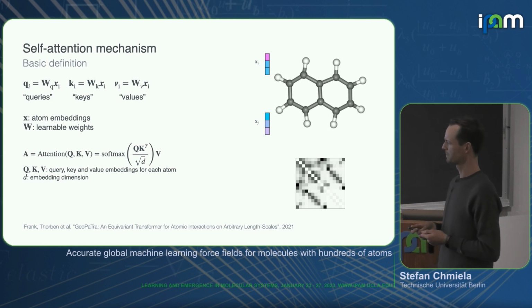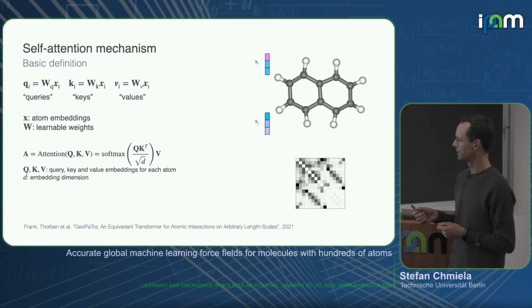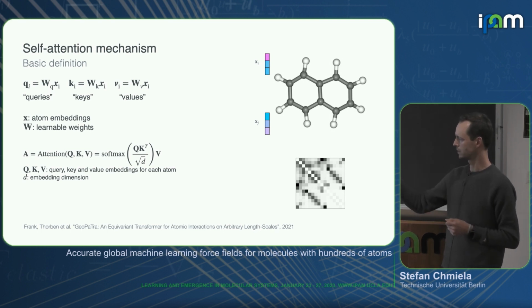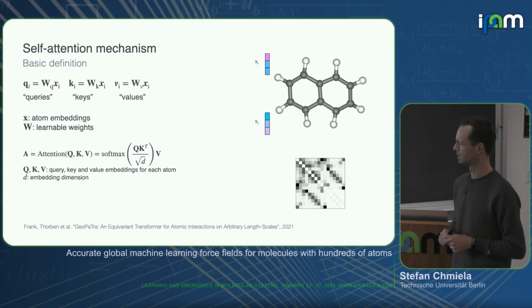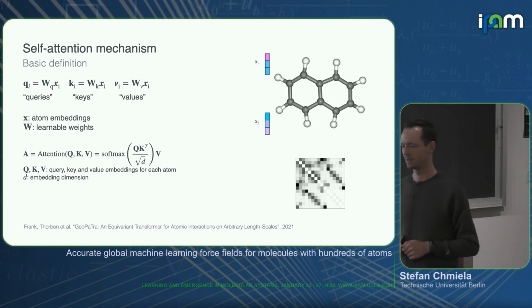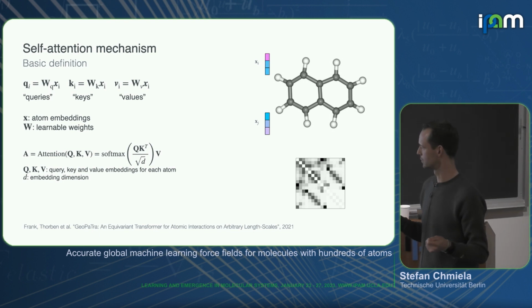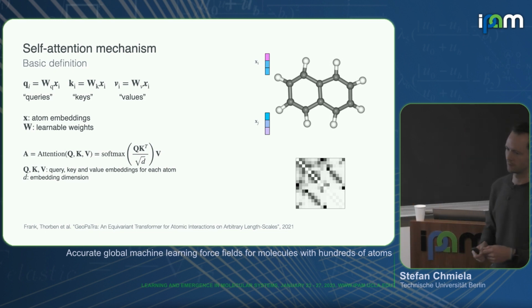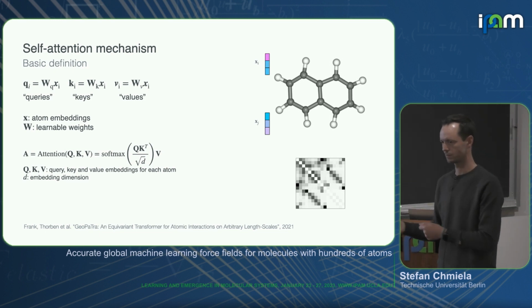And then we let atoms interact by forming the inner product between the queries and the keys. If two atoms are similar according to this so-called attention value, then we propagate the value into the next layer, for example, right?